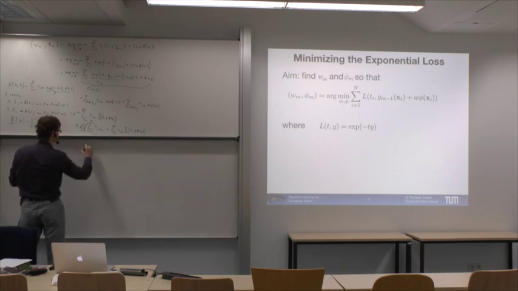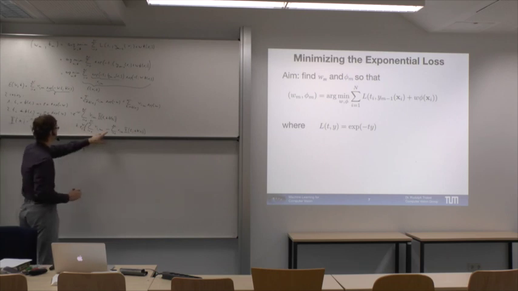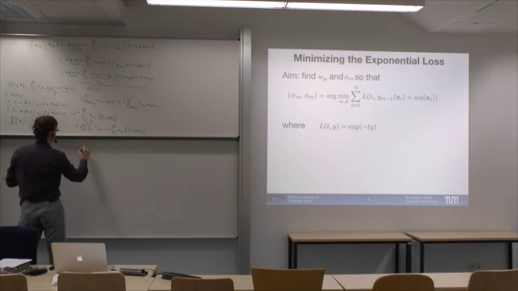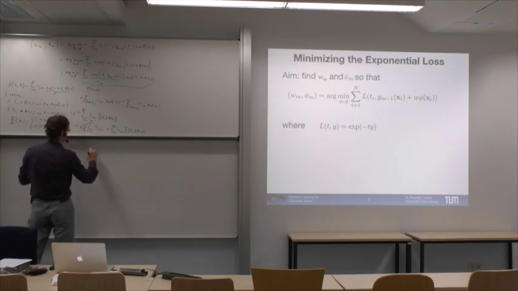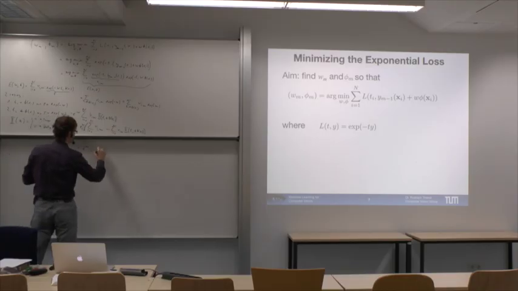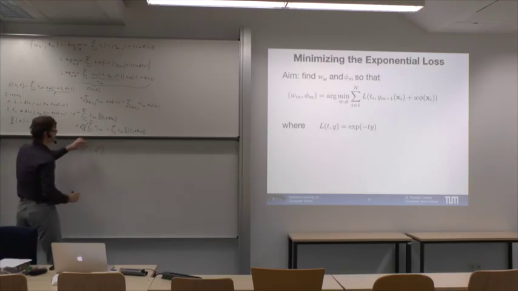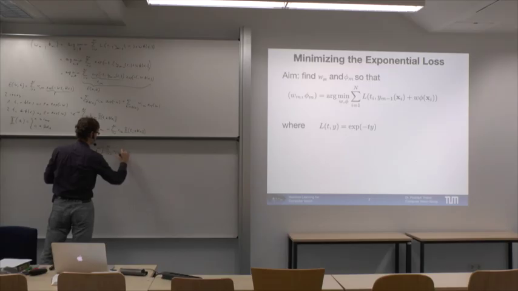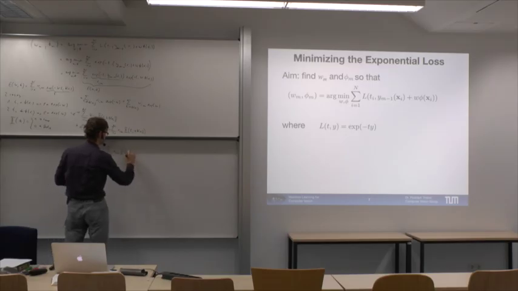First of all, we have e to the w, e to the minus w, minus e to the w, times this here, the sum over the indicator that t_i does not equal phi of x_i.